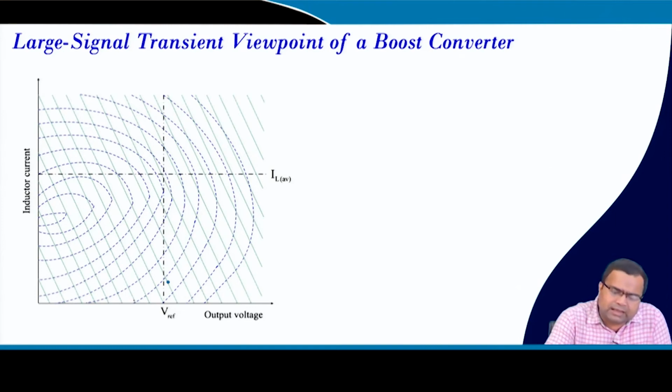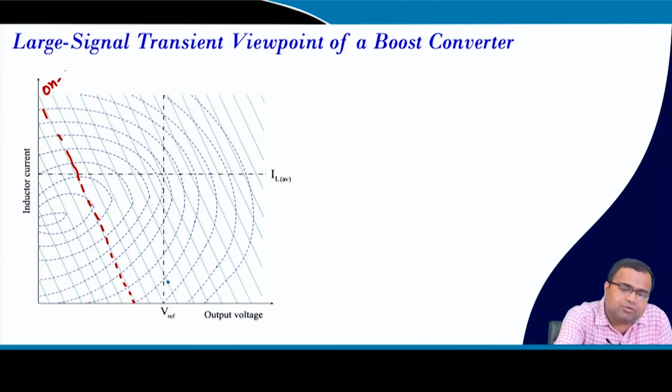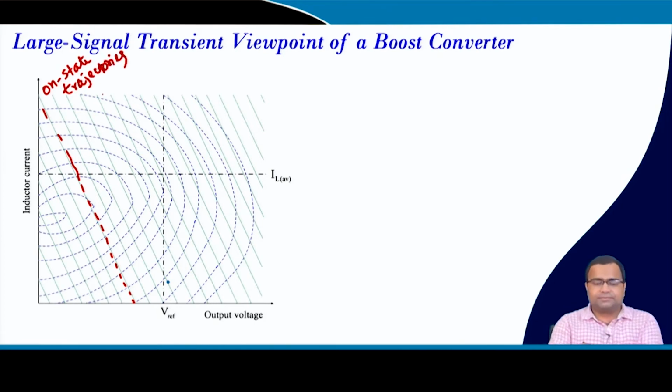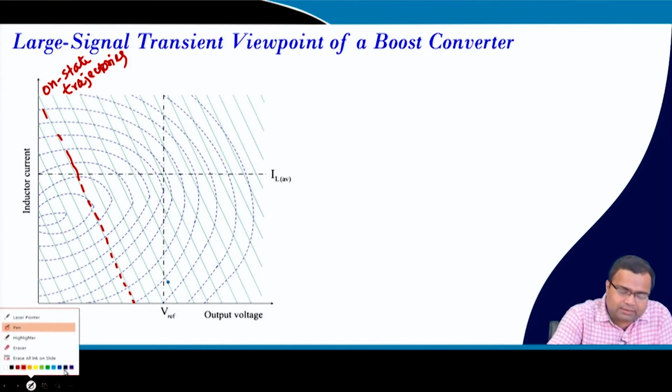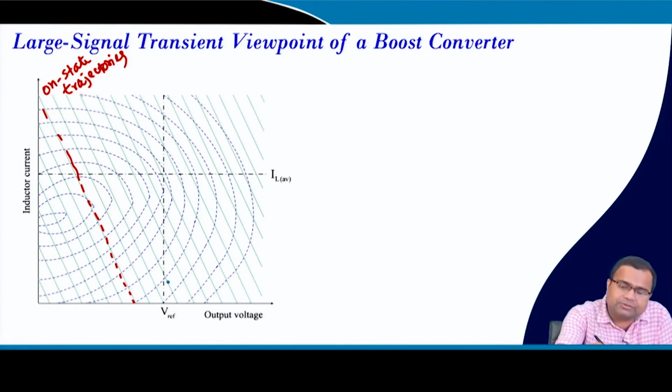So, you can see these are the on state trajectories, see the blue line, and if we take the green one, that means if I take this kind of waveform.